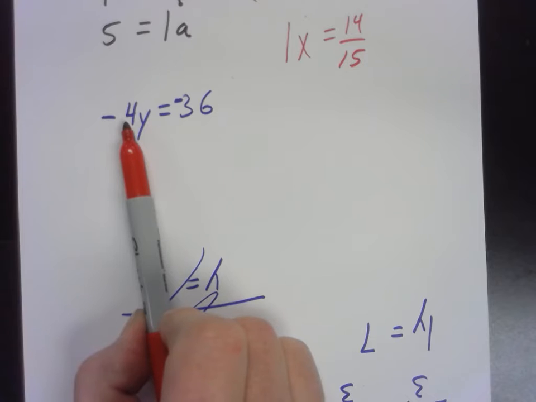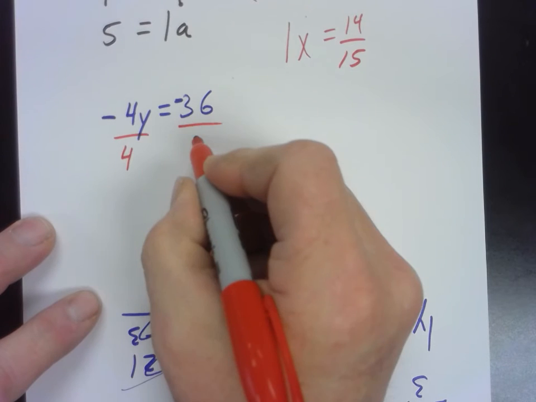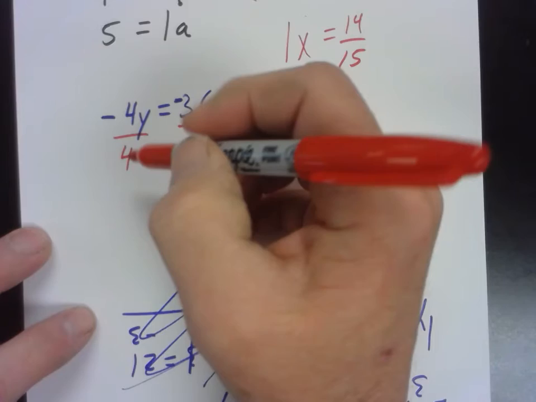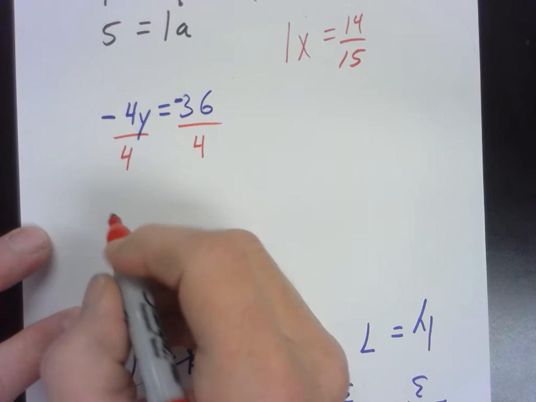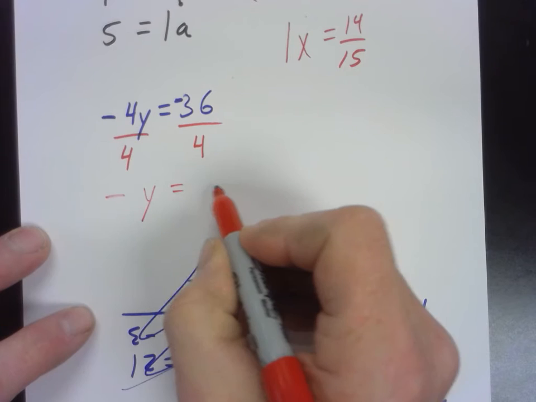Yeah. +1. So if I divide both sides of this equation by 4, that's not going to do it. Is it? Okay, that is not going to do it. If I do this, what I'm going to get is negative 1y equals negative 9. That's not what I want.